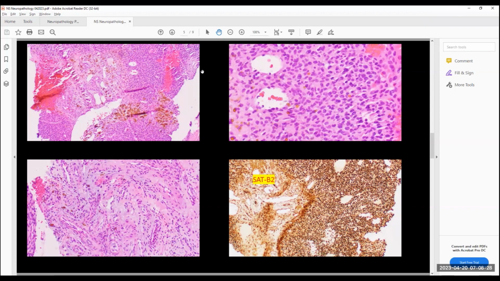But Dr. Rosenberg, our bone and soft tissue pathologist, worked on this case pretty diligently, as he always does, and he discovered that the tissue is not only reminiscent of that diagnosis on H&E, but also expresses a marker called SATB2.